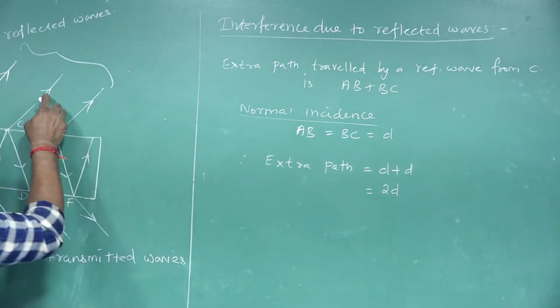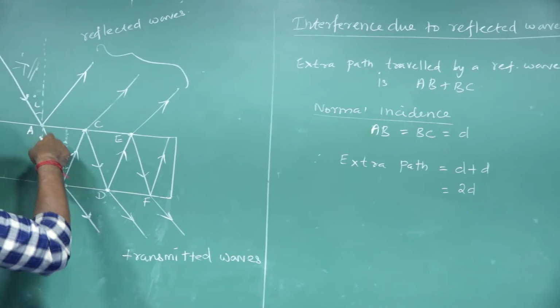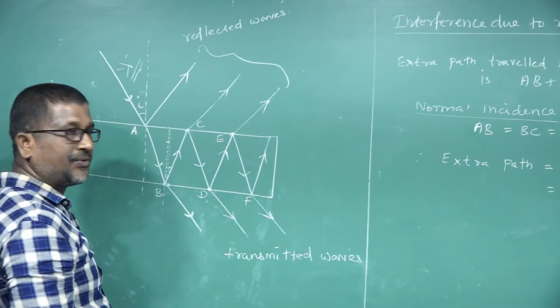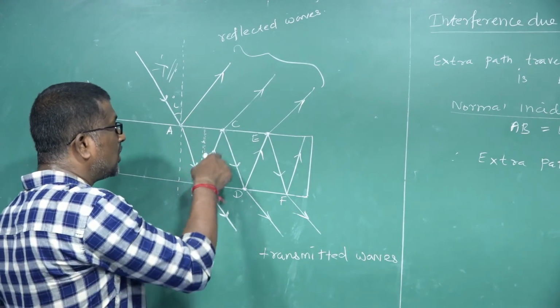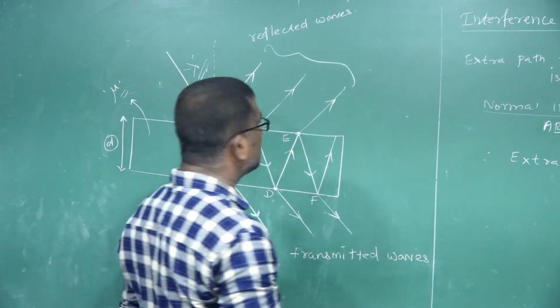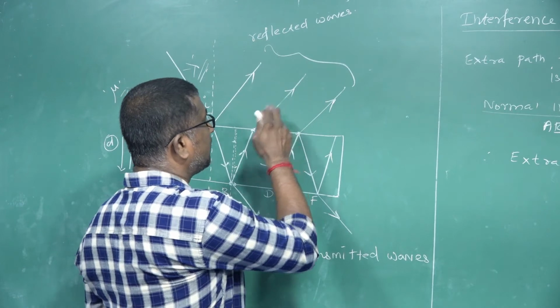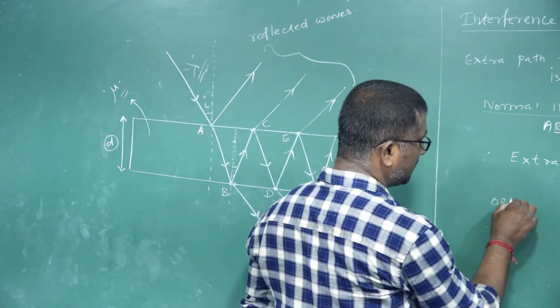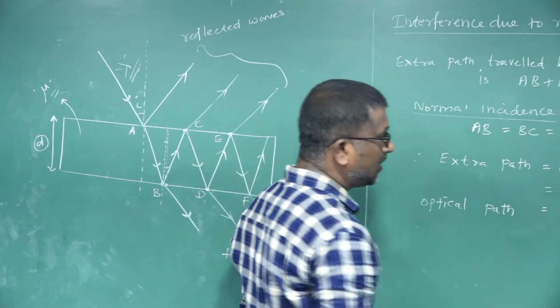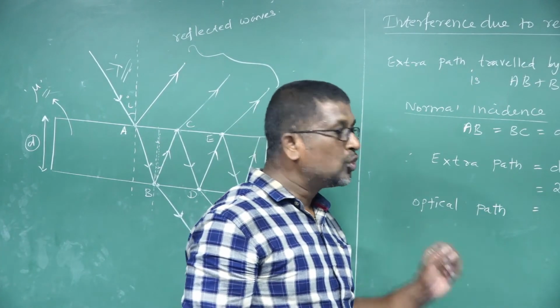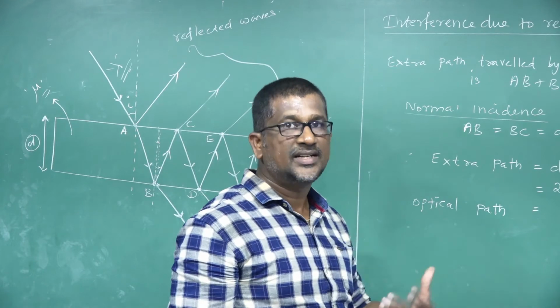This reflected wave actually travels in the thin film medium itself. So the optical path traveled by this reflected wave is mu times the distance traveled in the denser medium.